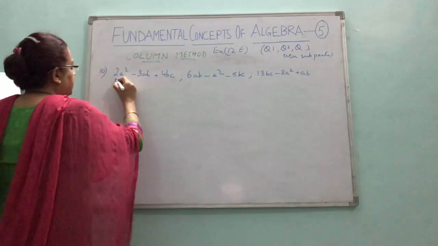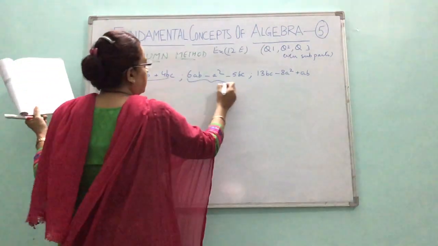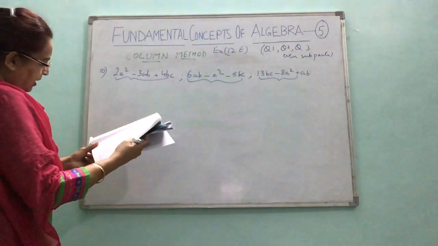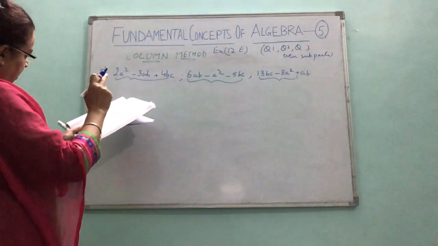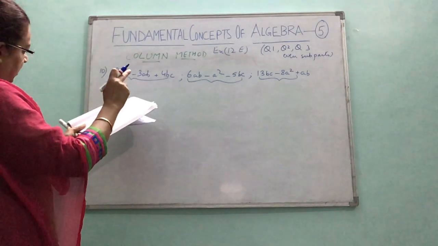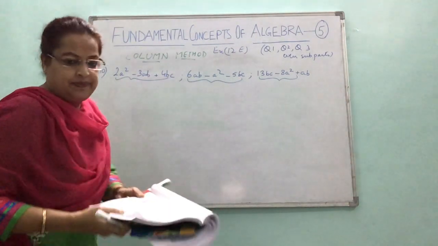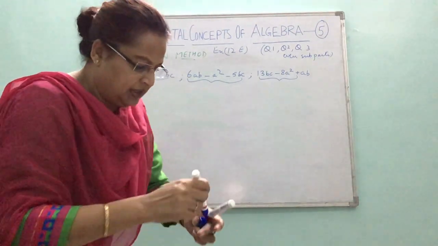So this is one expression, this is another expression, this is the third expression. I'll just check once again. 2 minus 3 plus 4, 6 minus a minus 5, 13. Alright, now let's proceed.